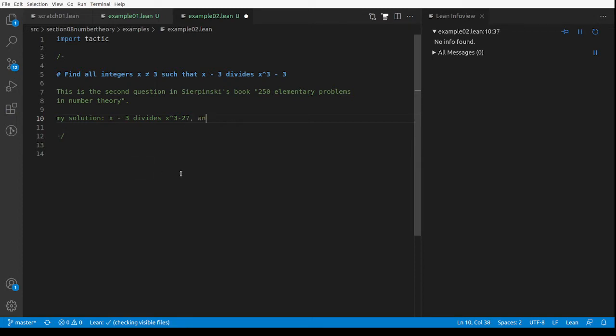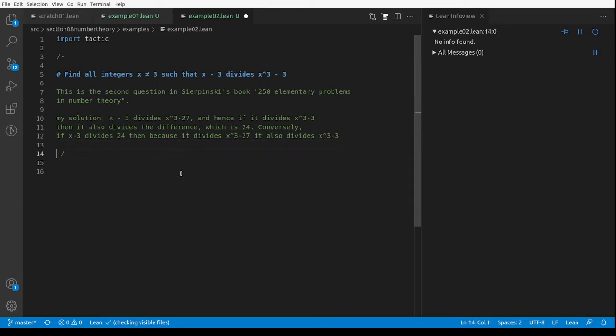And hence if it divides x cubed minus 3, then it also divides the difference, which is 24. And then, of course, conversely, if x minus 3 divides 24, then because it divides x cubed minus 27, it also divides x cubed minus 3.